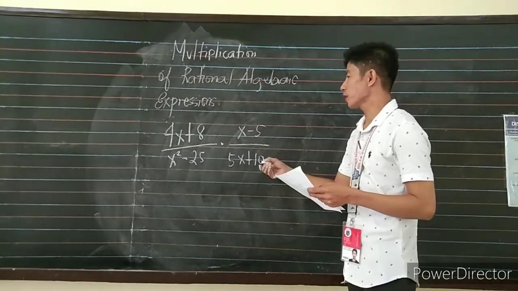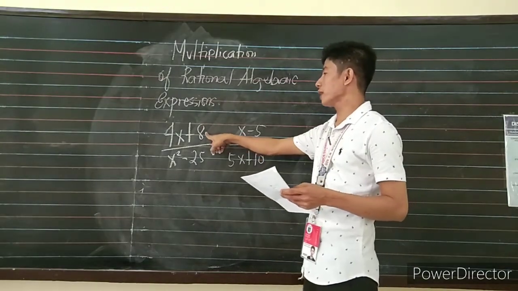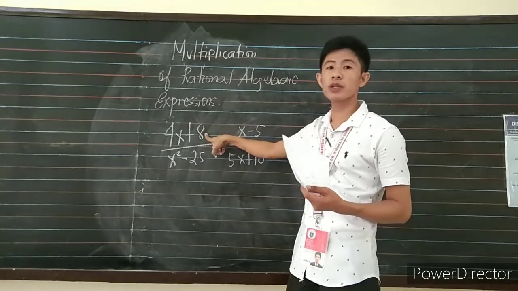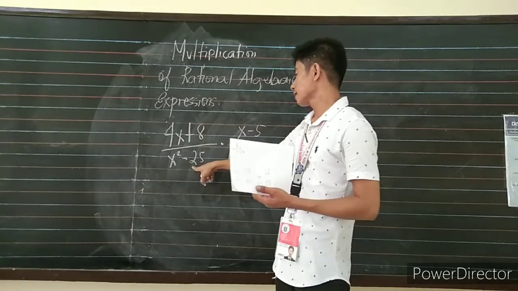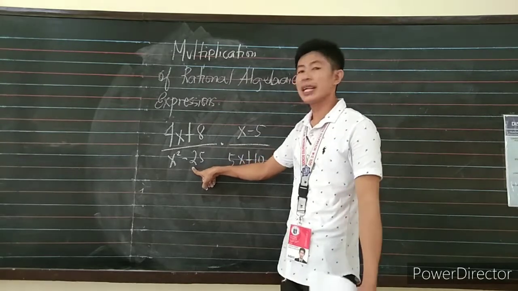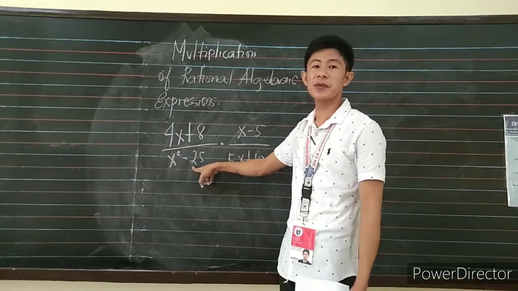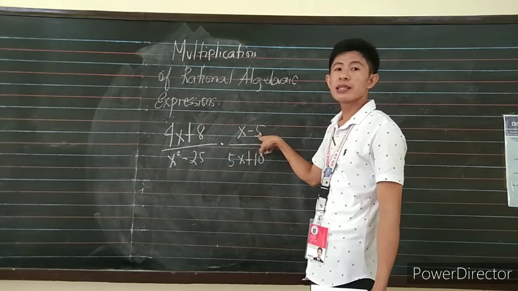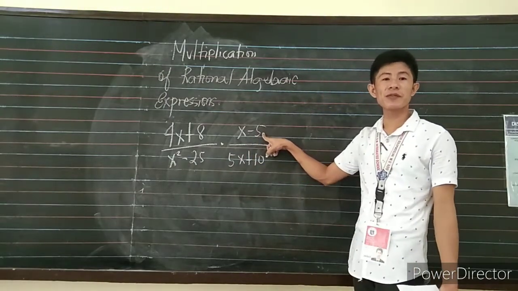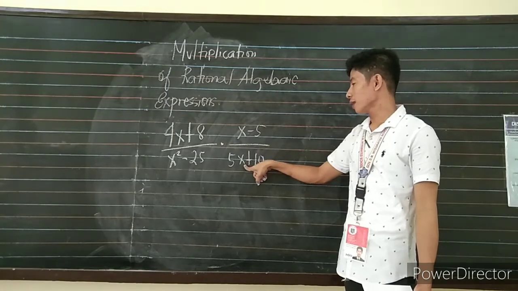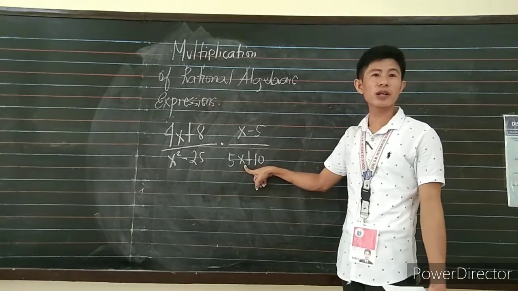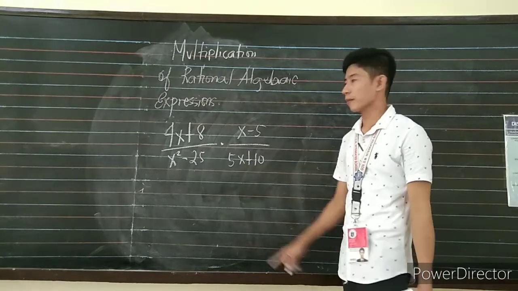As you can observe, the numerator can be factored out using the common monomial factoring. The denominator here can also be factored using the difference of two squares. This is already written in its simplified form. We can also factor this out using our common monomial factoring.